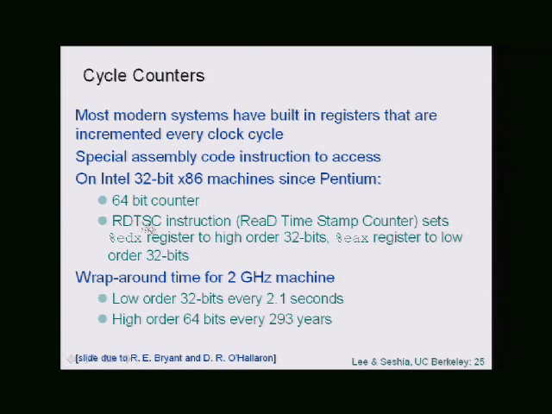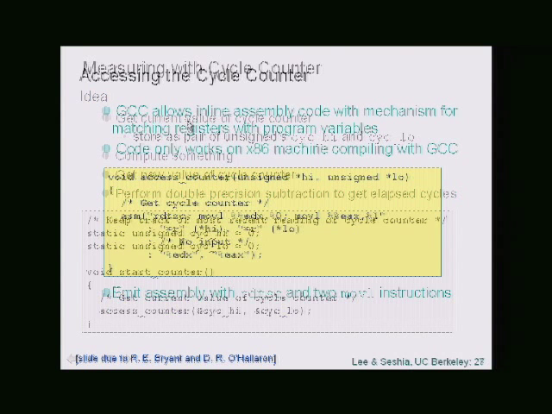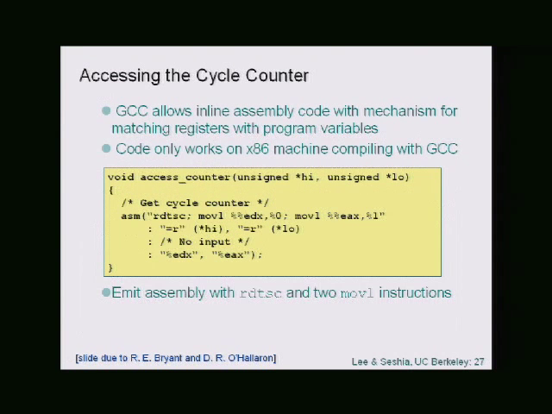If you're using GCC, then the thing to do is to write inline assembly. You could do something like this, where you have two locations. These are two 32-bit locations storing the low order 32 bits and the high order 32 bits of the counter. What this does is it runs the read timestamp counter instruction. That instruction stores the low order bits in EAX and the high order bits in EDX.